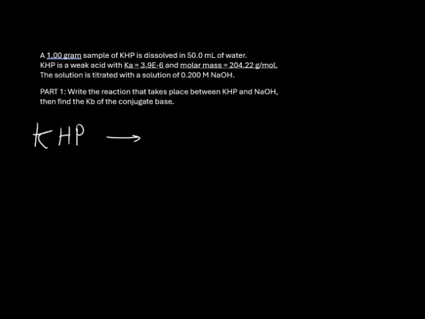This potassium is a 1A metal, and so it will break off from the HP, giving us K positive and HP negative.